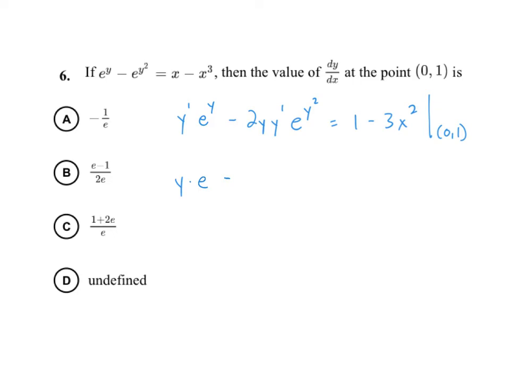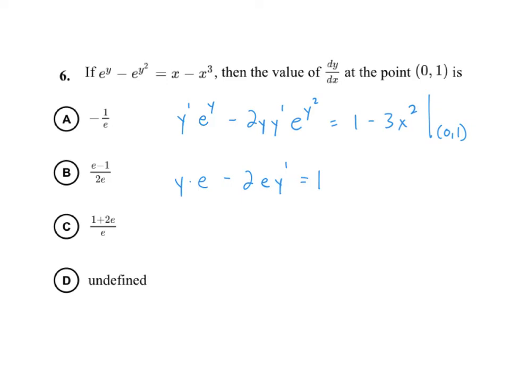And then 2 times y, that's just 2. And then this is another e, e to the 1 squared is just e. And then y prime. And if you plug in 0 for x, that just goes away and that becomes 1.